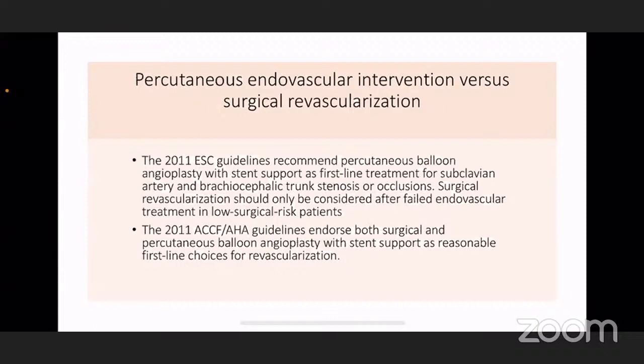They said surgical revascularization should only be considered after failed endovascular treatment in low surgical risk patients. However, the 2011 ACCF/AHA guidelines endorse both surgical and percutaneous balloon angioplasty with stent support as reasonable first-line choices for revascularization.